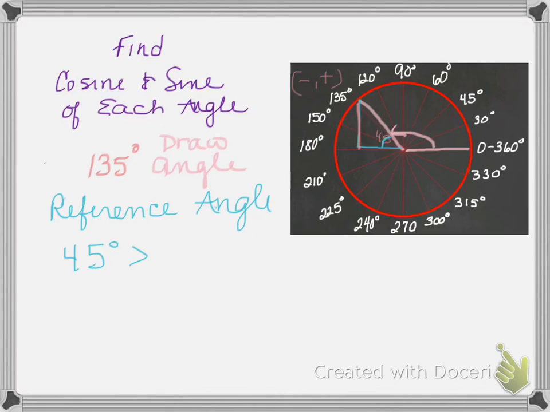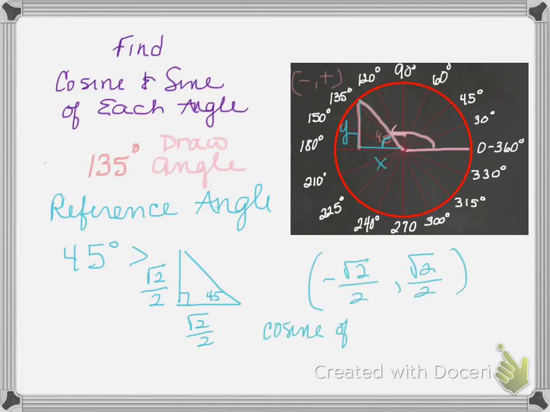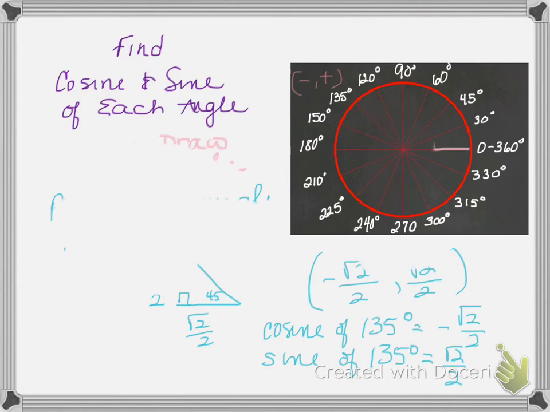So that's negative and positive. And 45 degrees is the easiest one, I think, because it's the square root of 2 over the square root of 2. In this case, we have to remember our signs. The x, or cosine, of that 135-degree angle is negative, and the sine is positive.